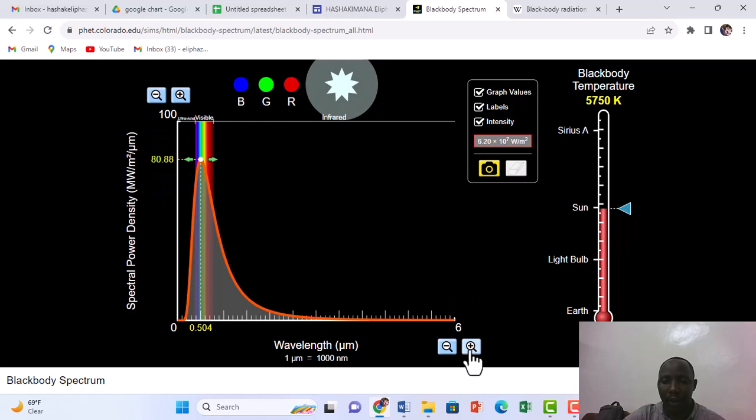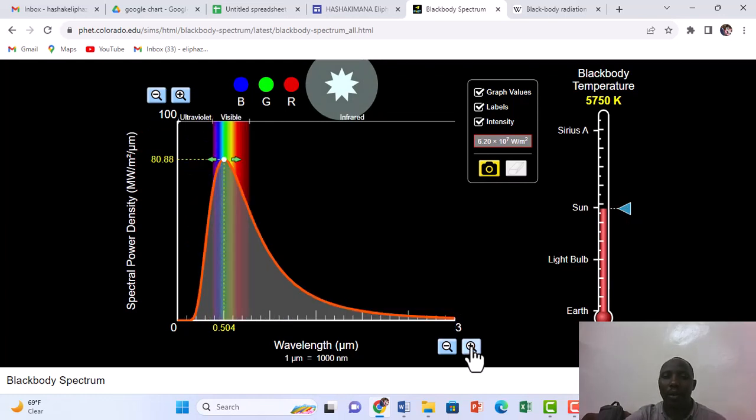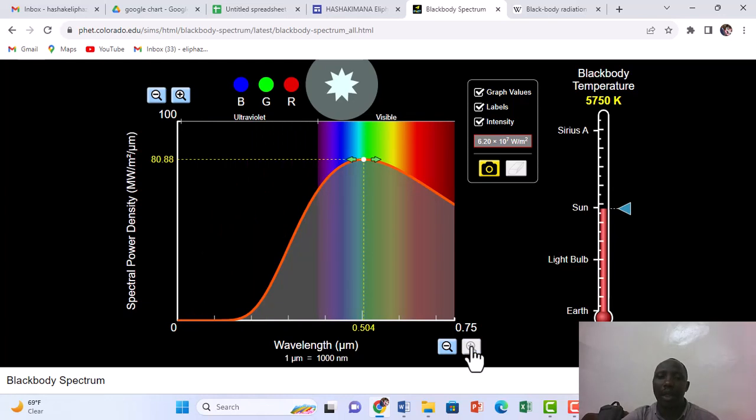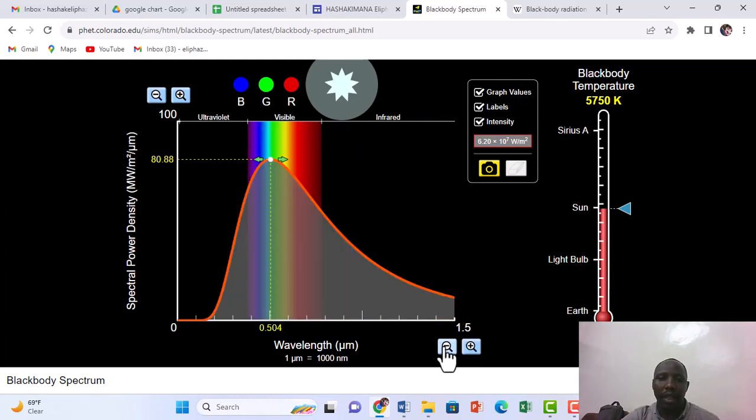When you increase the wavelength, we even change the region, from visible to infrared, as we have the primary colors blue, green, and red.